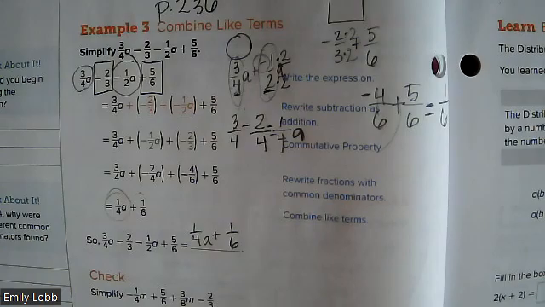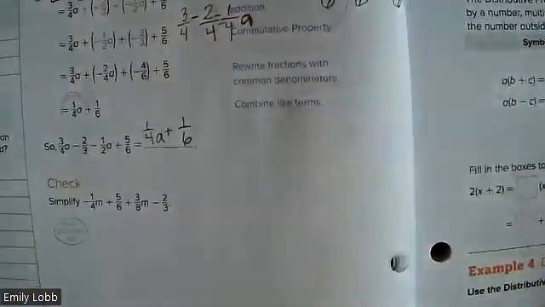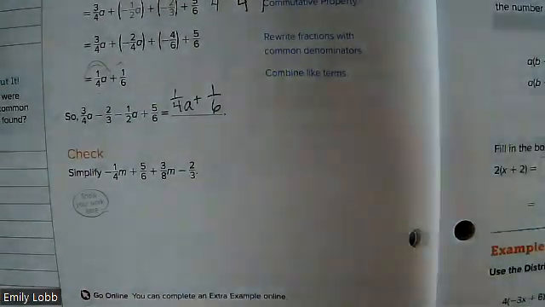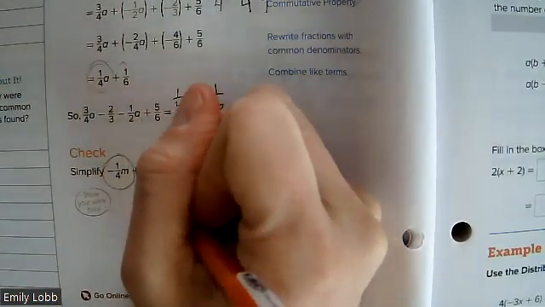So now here is our check. We're simplifying this. We should be able to combine our M terms, right?